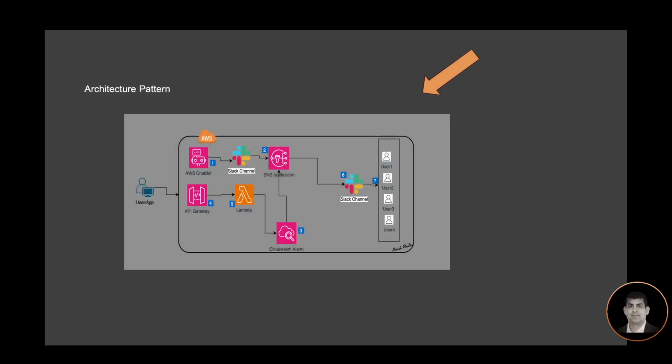Here is the architecture design. We have an AWS Chatbot configured for a Slack channel, and there is an SNS notification queue. We have an API and a Lambda function. Also, we're making use of CloudWatch alarm here. There are two parts to it. First one is to configure the AWS Chatbot with Slack channel and SNS notification.